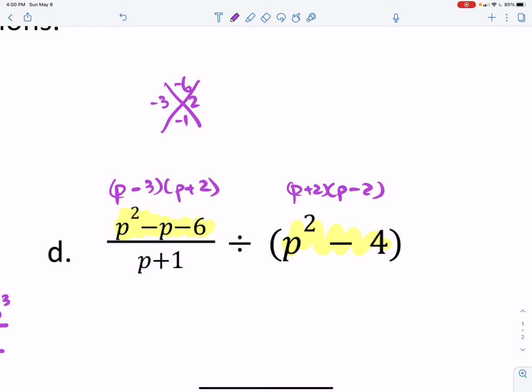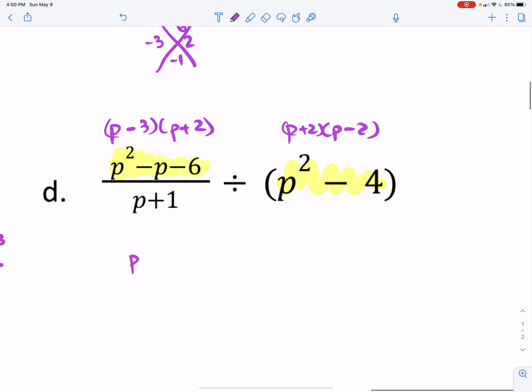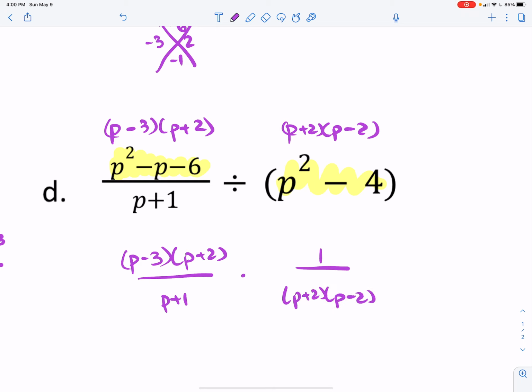Okay, and then from here, remember you have to do keep, change, flip. You keep the first one, so p minus 3, parentheses p plus 2, all over p plus 1. Change into multiplication, and then you flip it. So it becomes 1 over p plus 2 times p minus 2. Why? Because remember, my original fraction was all over 1.